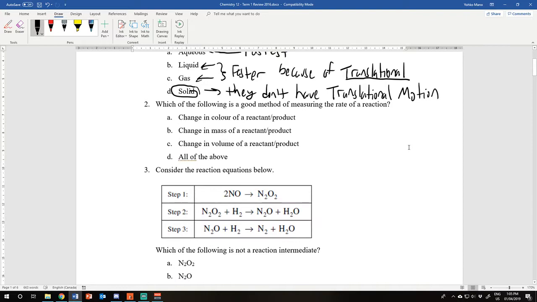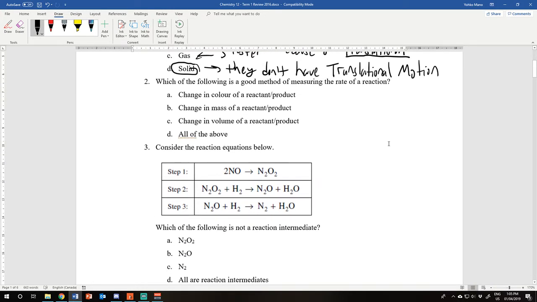Okay, the second question, we discussed how to measure reaction rates in this unit. So basically anything that you can measure with a number. Okay, so anything that can be measured with a number is a good method of measuring a reaction rate.